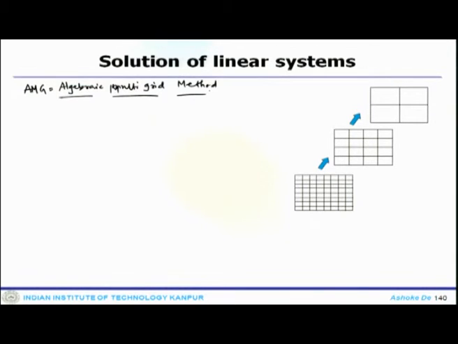Now, this process is purely algebraic, that is why it is called the algebraic multi-grid method, and what it does is improve the convergence of your iterative solver.